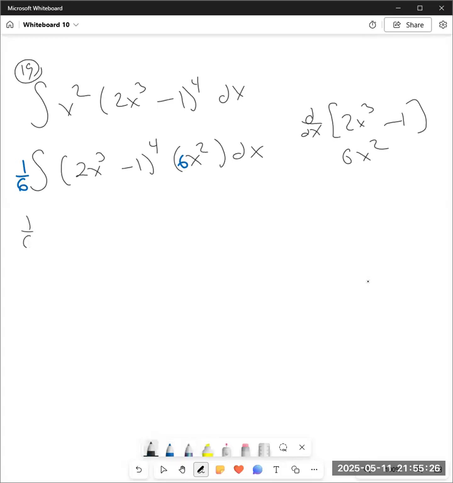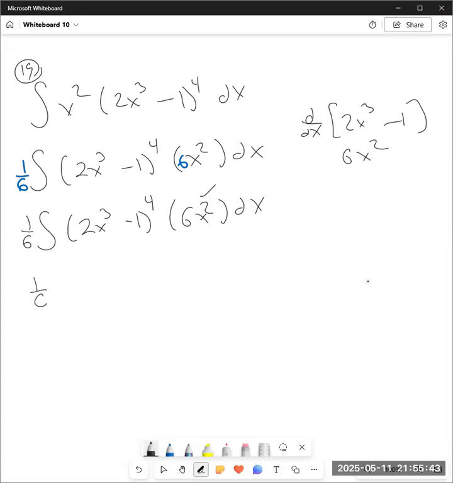So I now have 1/6 integral of 2x to the third minus 1 raised to the fourth, and I have 6x squared dx, where 6x squared dx is the exact derivative of 2x cubed minus 1.